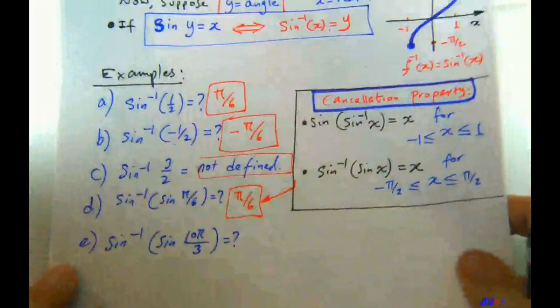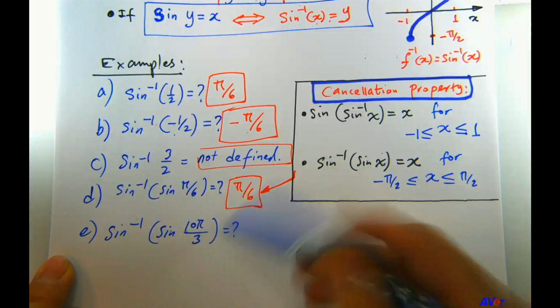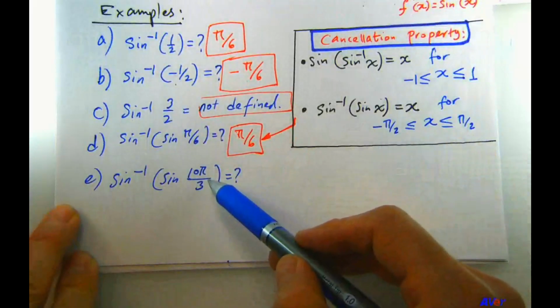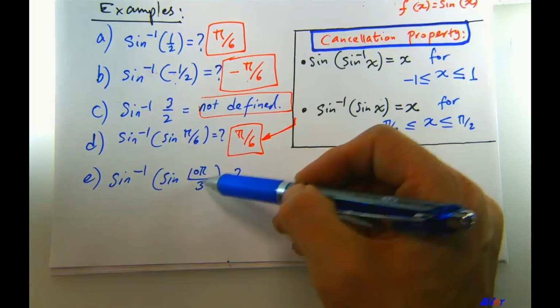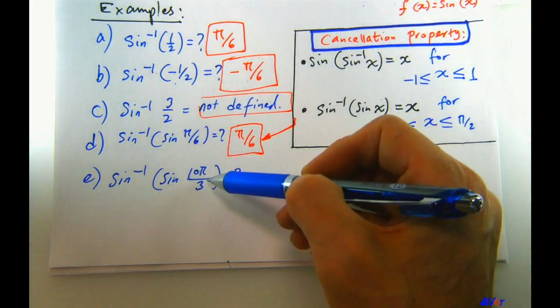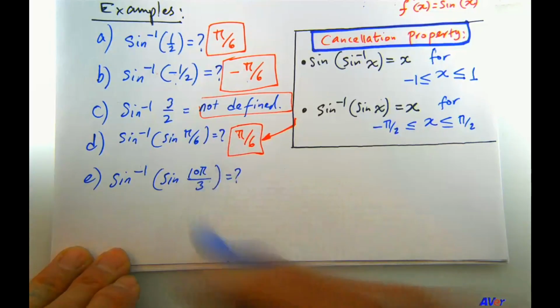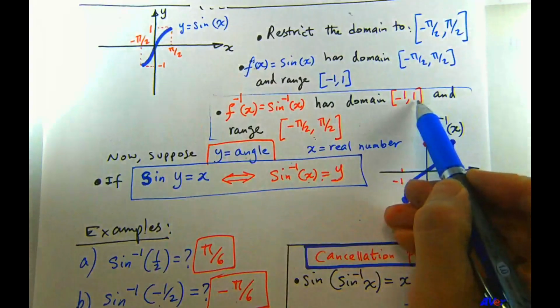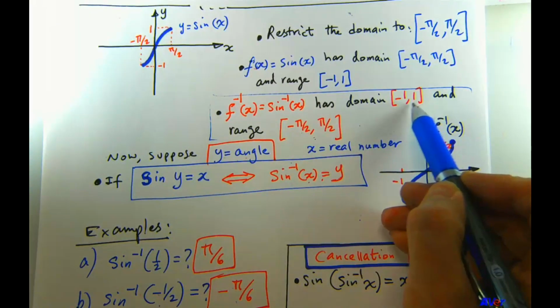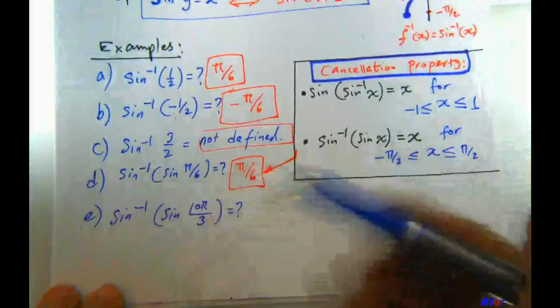This value is much, much larger than 1. So right away, we can't do that because this is outside of this domain. 10 pi over 3 is much larger than 1. So let's see if we can do something to answer this question.